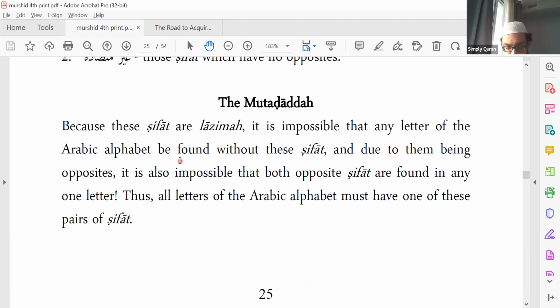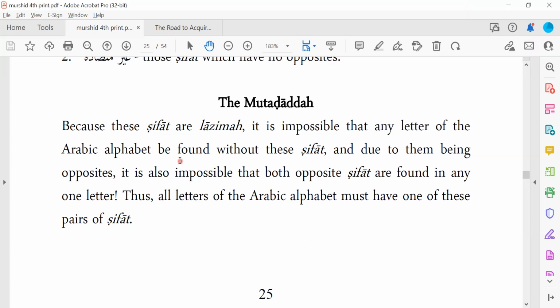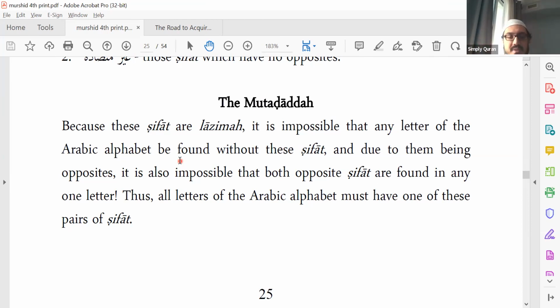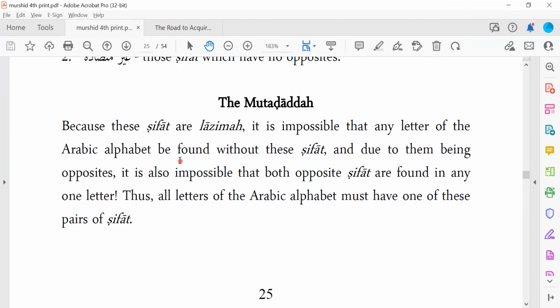Anyone else? 29. There we go, 29, thank you. There's a difference, 29, 28, we'll stick to 29. So how many makharij do we have? 17. Okay, thank you. Jazakumullah khairan.